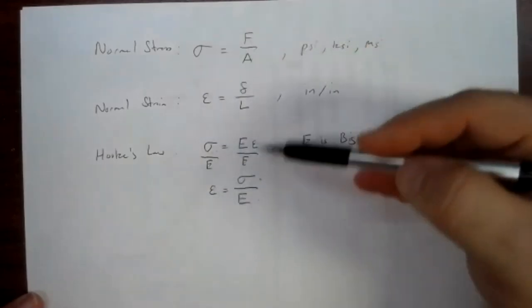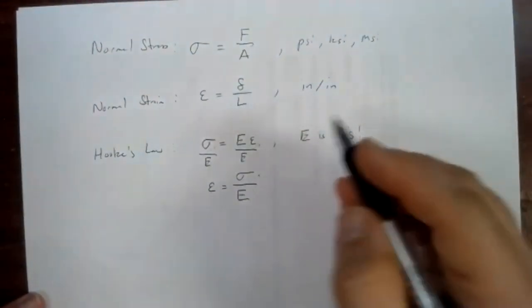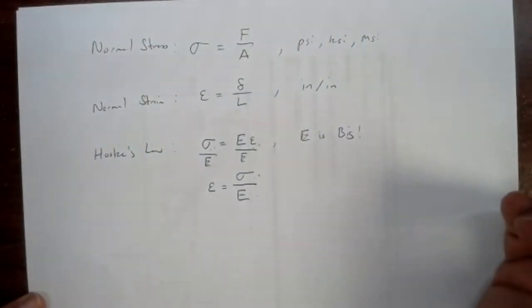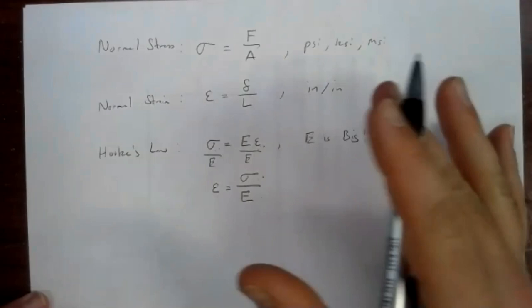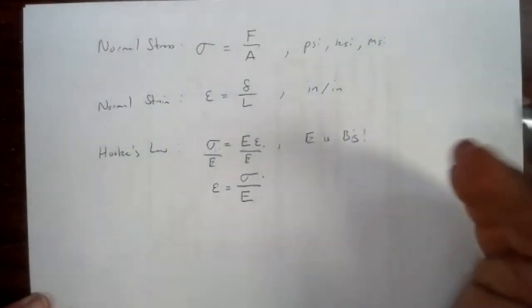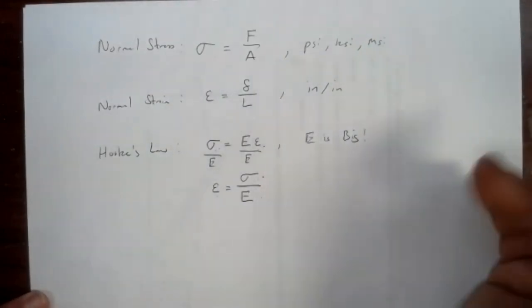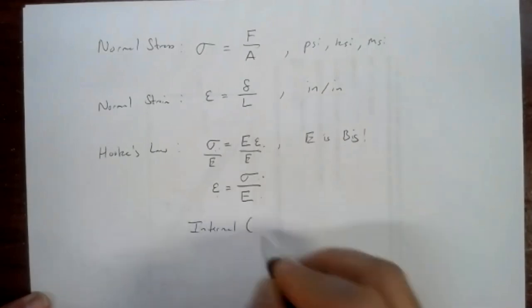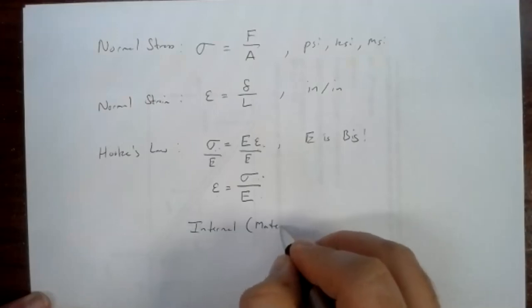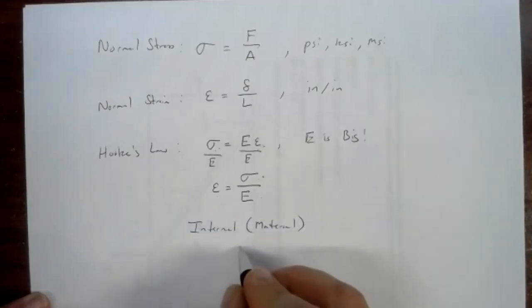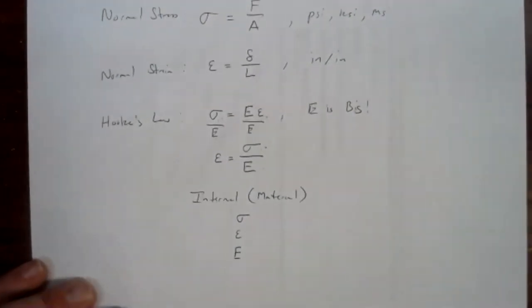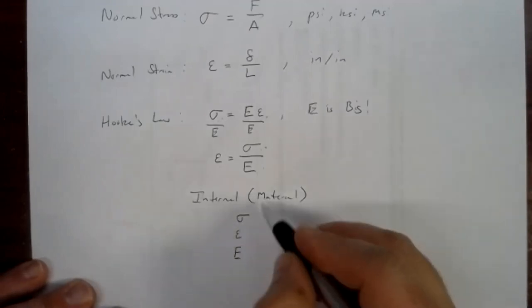And if we look at all the values we've got here, we can basically divide them into internal and external properties. We have our internal properties, which only depend on the material. That would be things like stress, strain, and the Young's modulus. Those all depend only on the material.